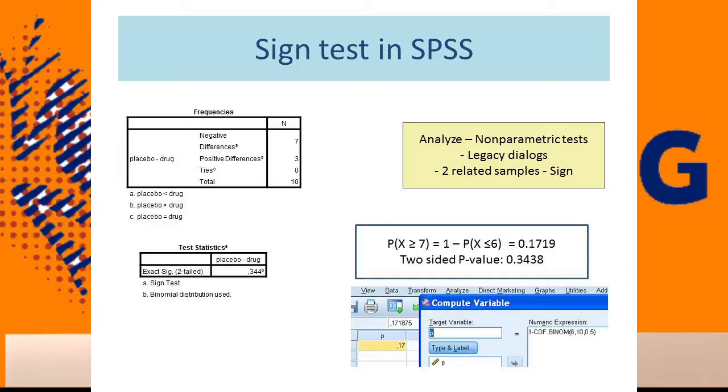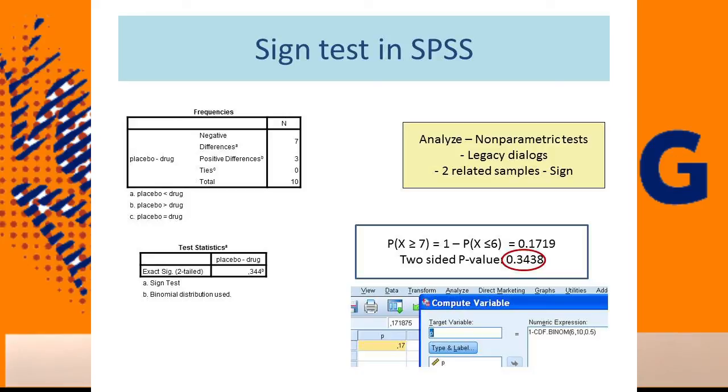We can check this value by using the CDF, the cumulative distribution function, in SPSS. The probability of finding 7 negative values, or more, is equal to 1 minus the probability of finding 6 or less, which is 0.1719. This is the one-sided p-value.